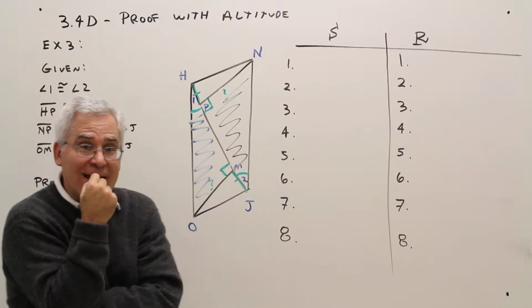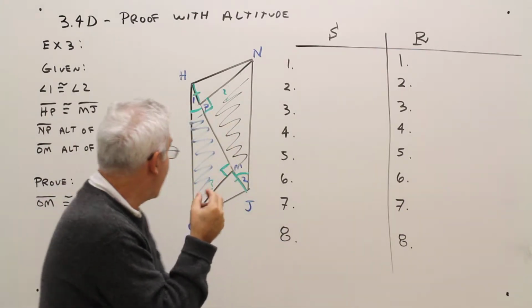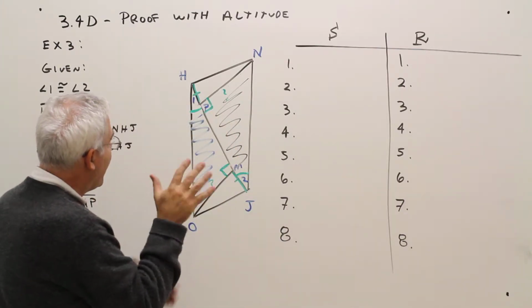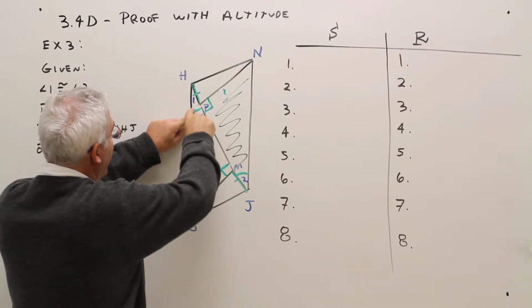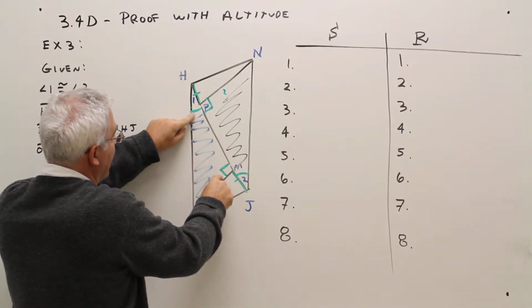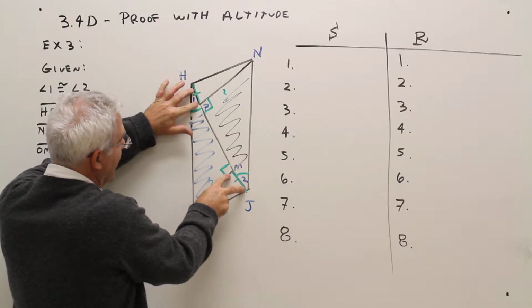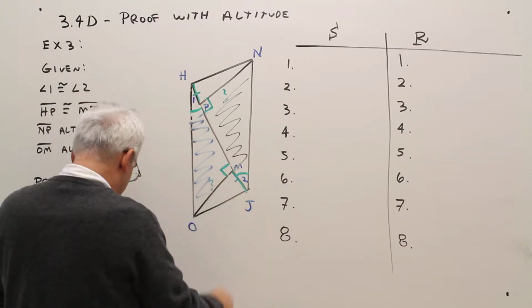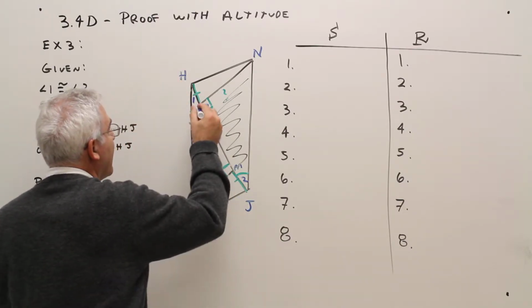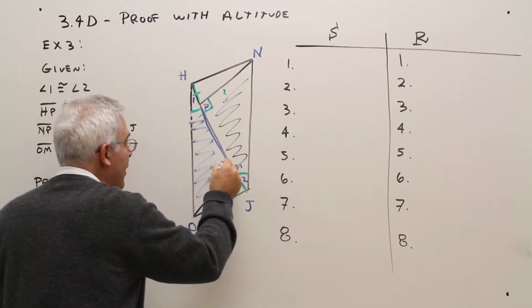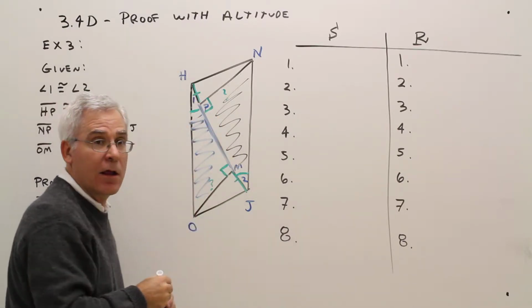So I got two angles. I'd love to get a side, and this is where it's kind of confusing. I got this angle and this angle. I've got a little chunk here and a little chunk here. Ooh, there's a common segment in between.